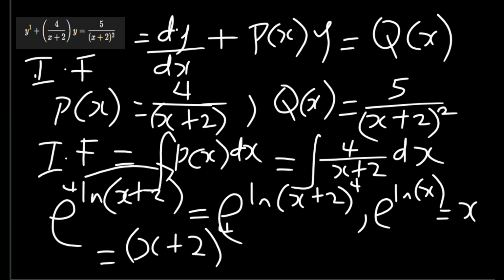Now that we have found our integrating factor, what we do next is multiply through the initial equation that was given by the integrating factor. Every term there would be multiplied by the integrating factor.